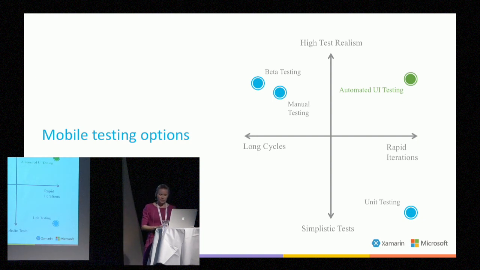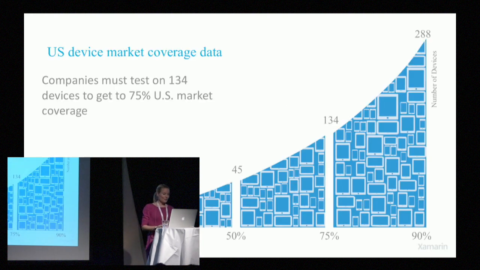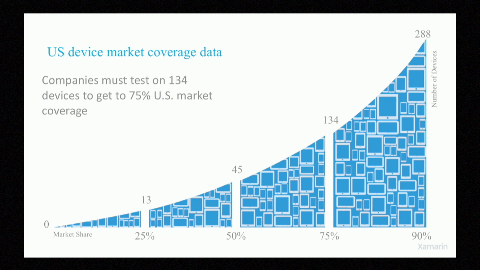And just to show you how important UI testing is, look at this graphic. If you were working in the US and you wanted to cover 75% of the US market, you would have to test on 134 devices.